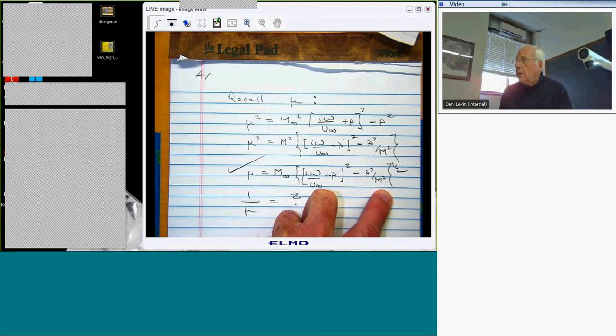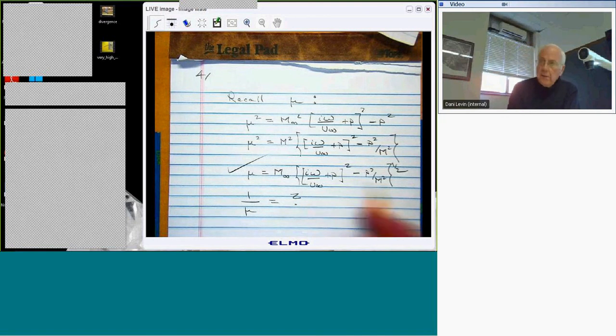And therefore, I can treat this as a small parameter. People still learn about the binomial expansion somewhere, very good. I see some shaking of heads. So you can expand this in a series of terms for large m, or small 1 over m squared. And the nice thing about it, it's m squared, right? So m is large, m squared is even larger, or if 1 over m is small, 1 over m squared is even smaller. So this series converges more nicely than you might otherwise find.